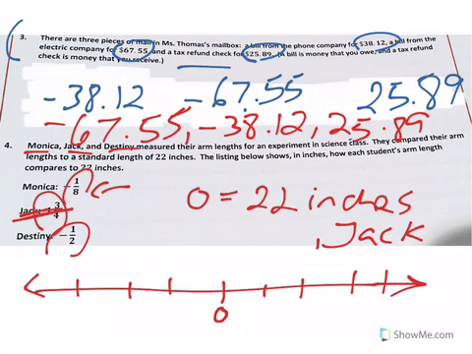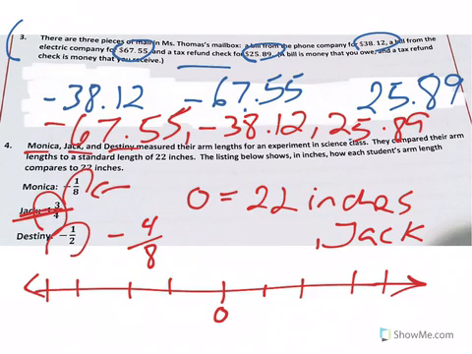Well, two things you could do here. We could put these in terms of eighths, right? So negative 1/2 would be the same as negative 4/8. Okay, so negative 4/8 is equivalent to negative 1/2.